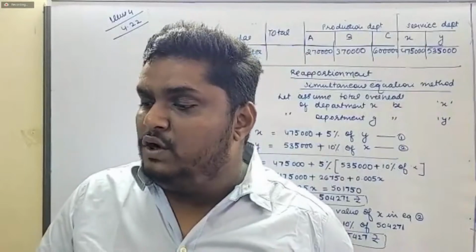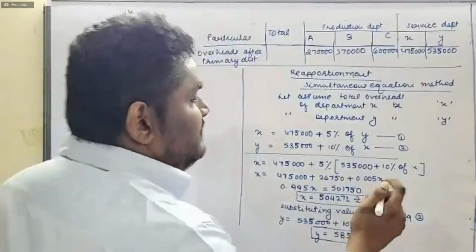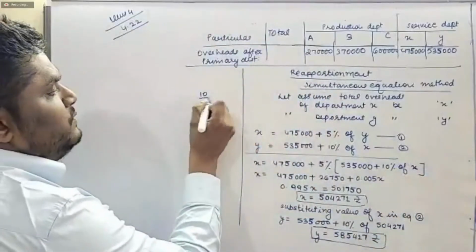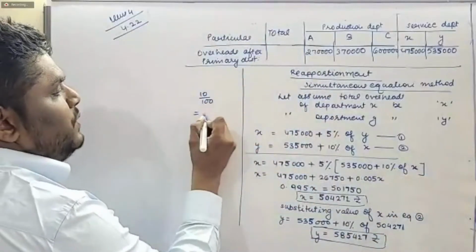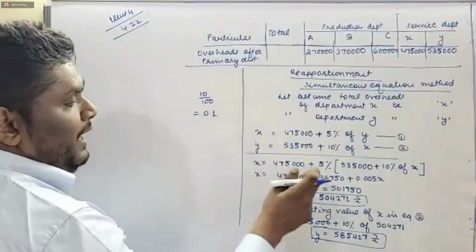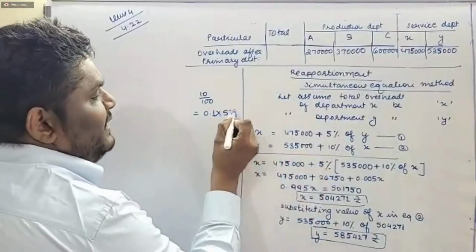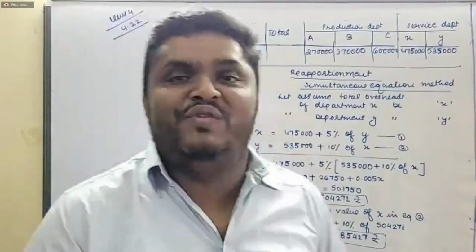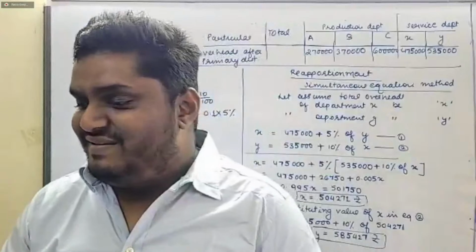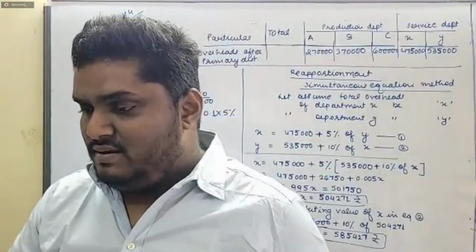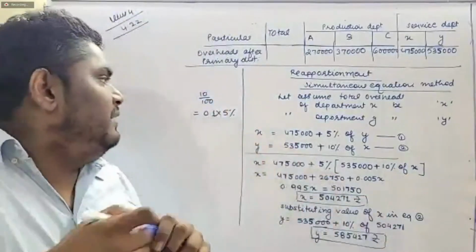Sir, how come 0.005? See, when talking about 10%, it means what? 10 by 100. So this will be 0.1. And 0.1 multiplied by 5%, you will get 0.005. Shri Lakshmi, I hope you are clear.